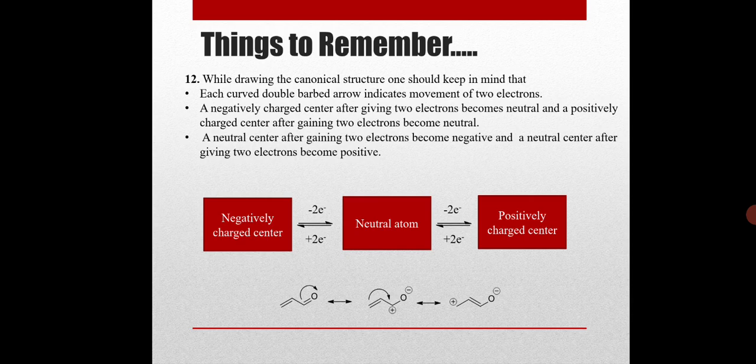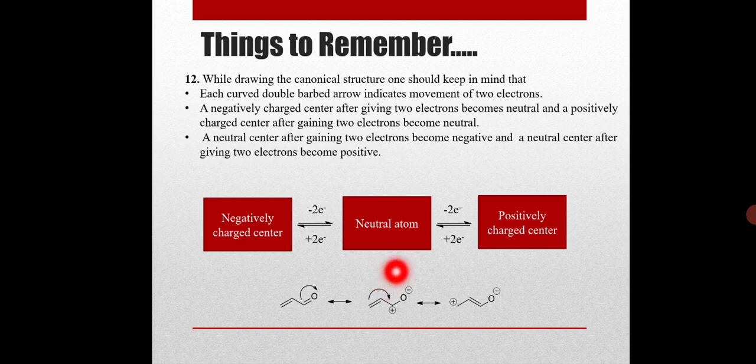The moment the oxygen pulls the electrons towards itself, oxygen, which was a neutral center, gains 2 electrons and becomes negatively charged. The carbon adjacent to it, which is donating electrons, becomes positively charged. See, the carbon becomes positively charged.